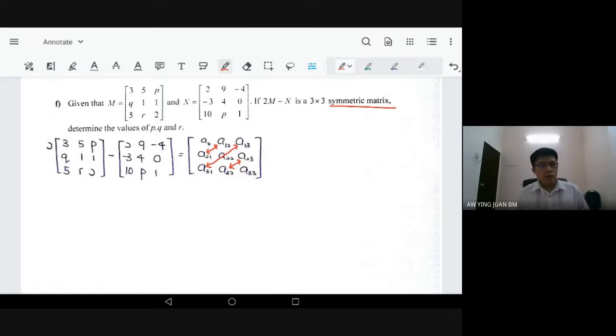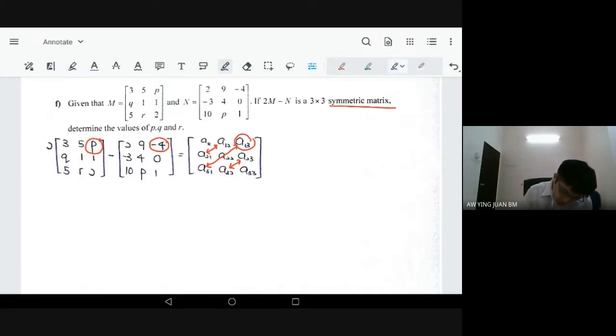So focus on the question. Question asks us to find P. So in here, where is the location P? So here we have the location P, which is A13. So here also A13. So our focus is A13. So let's begin.